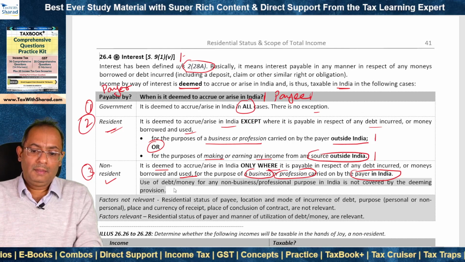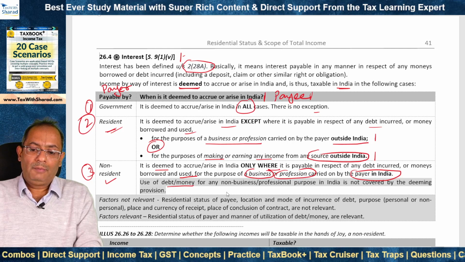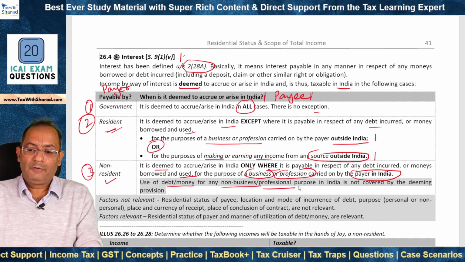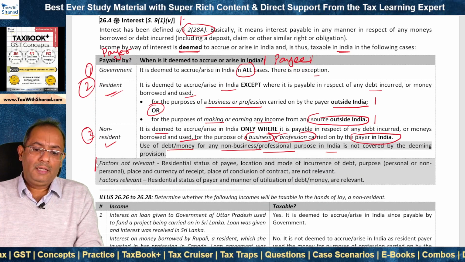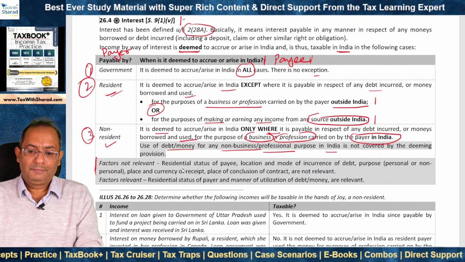Right? So use of debt or money for any non-business or professional purpose in India is not covered by the deeming provision. So clearly these factors are not relevant.